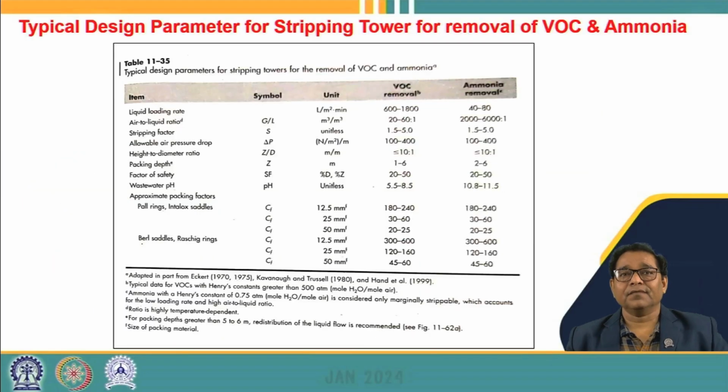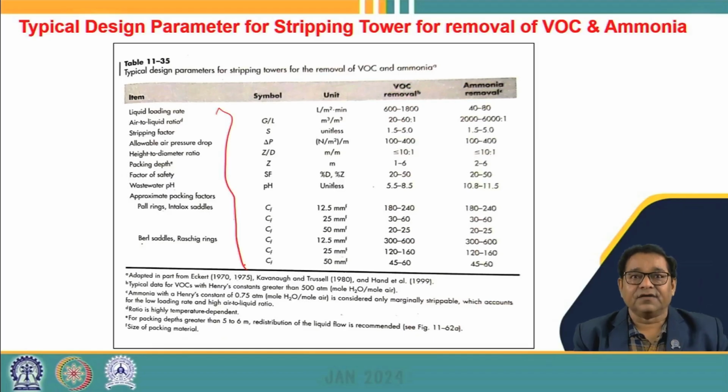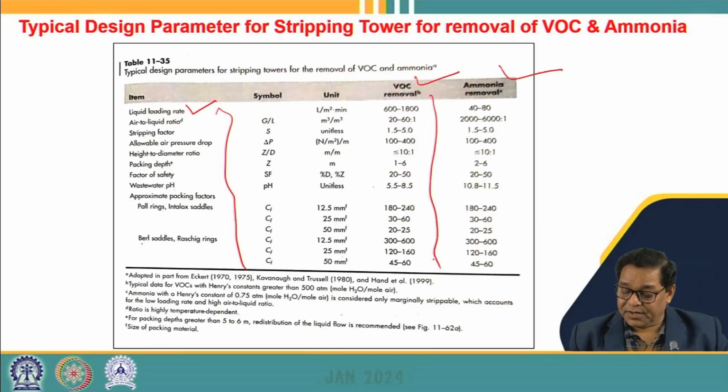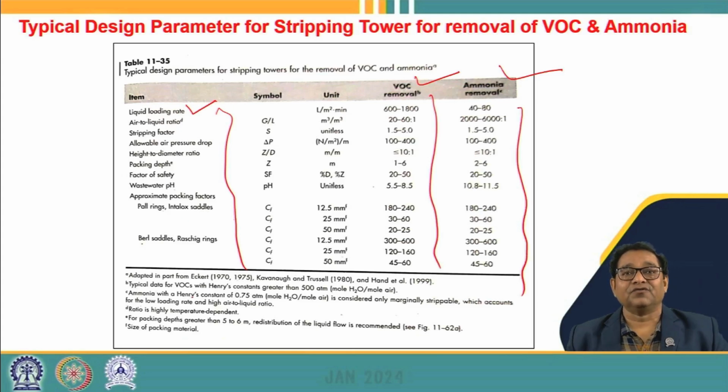So this is a table which contains the design values for different design parameters. If we see the liquid loading rate, for VOC removal and for ammonia removal separately in these two columns, these are the design parameters which are used for design of a stripping tower.